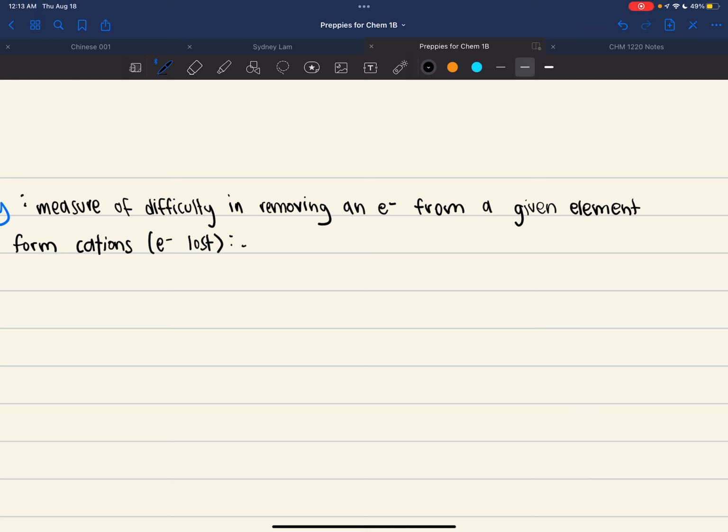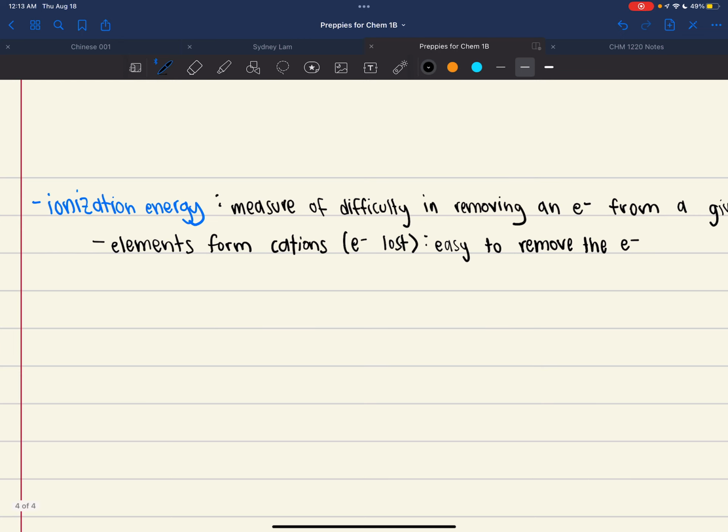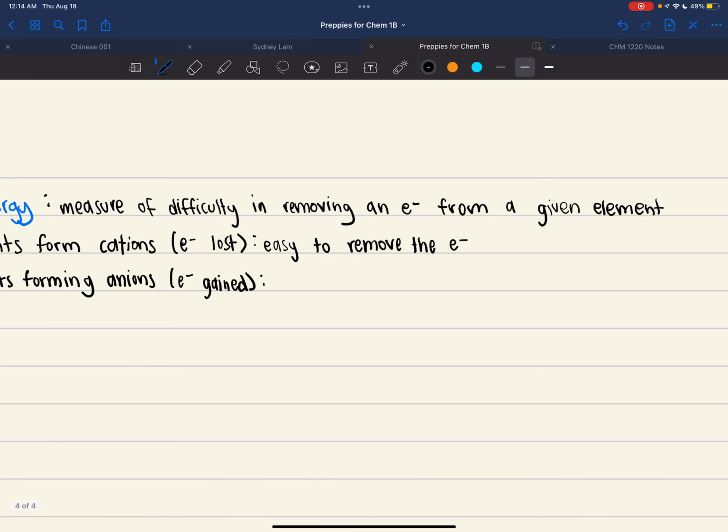For these, it is easy to remove the electrons. But for elements forming anions, where electrons are gained, it is hard to remove electrons.